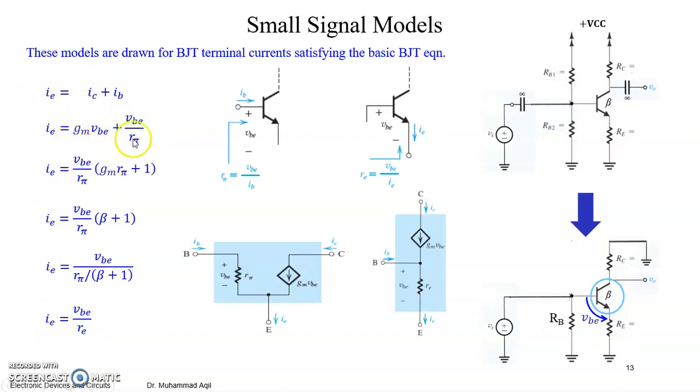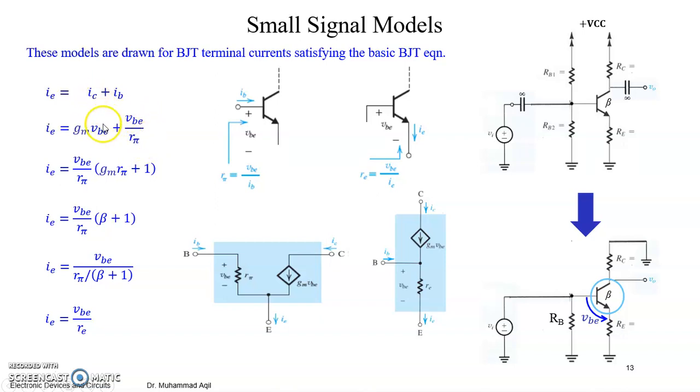So it means all of your model, as far as your collector current, base current, emitter current, base resistance, emitter resistance, and conductance at the collector, shows the same relation. IE is equal to some voltage divided by the resistance. IB for small signals is equal to some voltage for that terminal and the resistance.